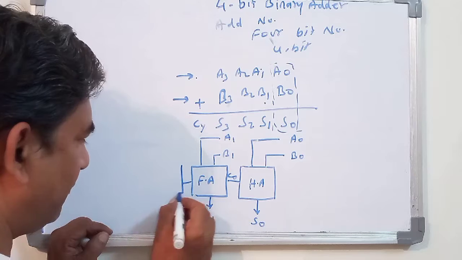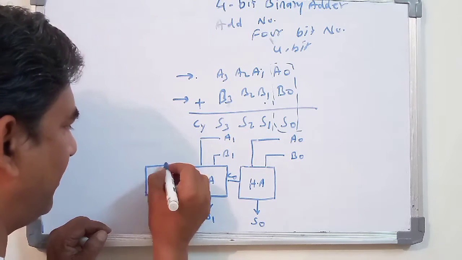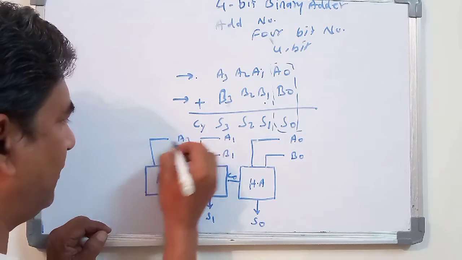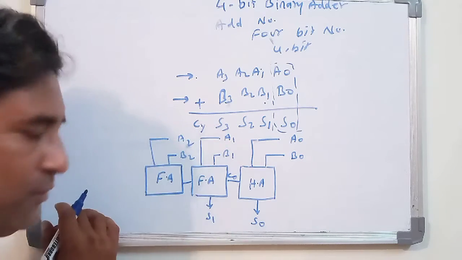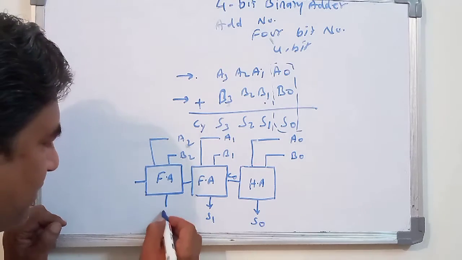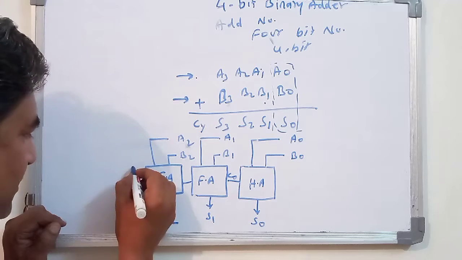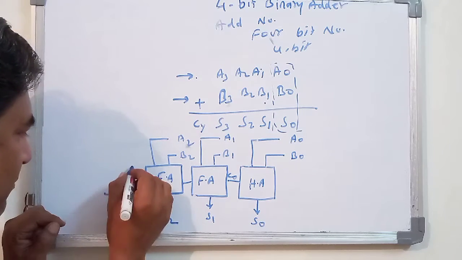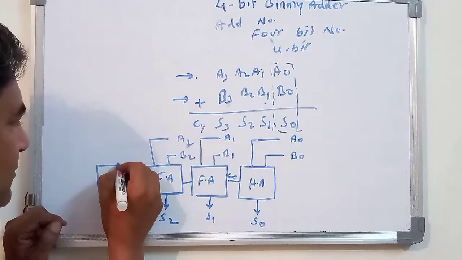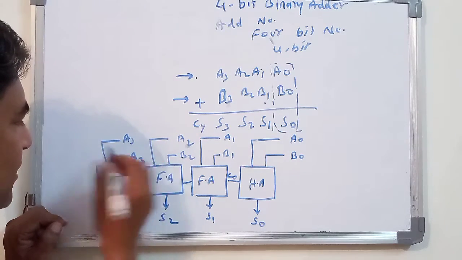Then the next full adder block, for the third bit. Again you require B2 and A2. Again the sum is created and the carry is generated. For the sum you write S2, and the carry is connected to the last bit, which is A3 and B3.